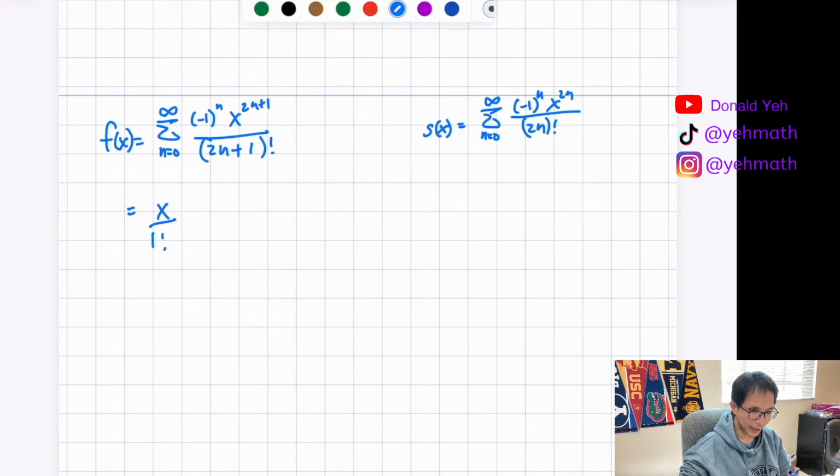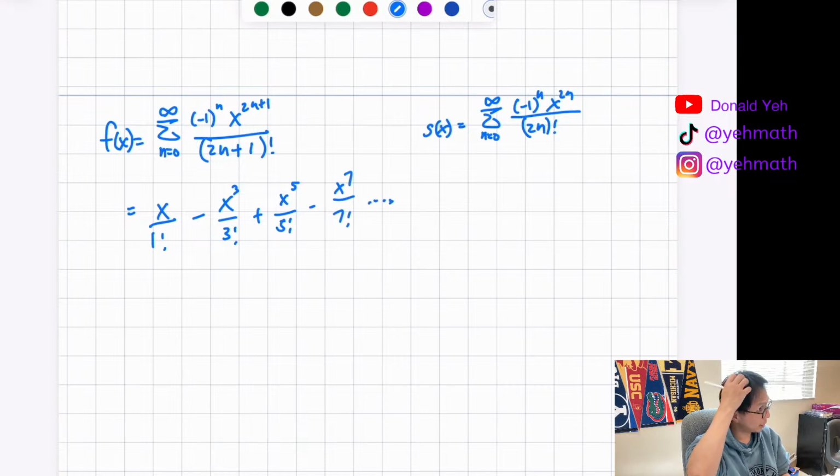And then what's the next one? x cubed over 3 factorial, plus x to the 5th over 5 factorial, minus x to the 7th over 7 factorial.